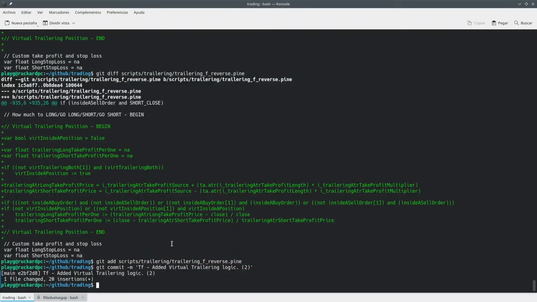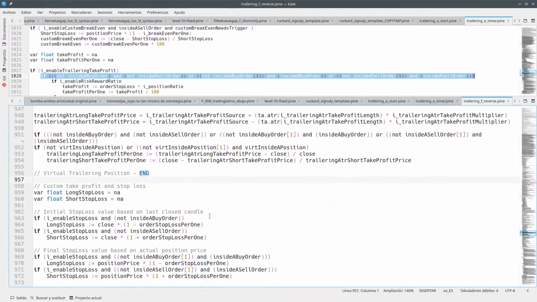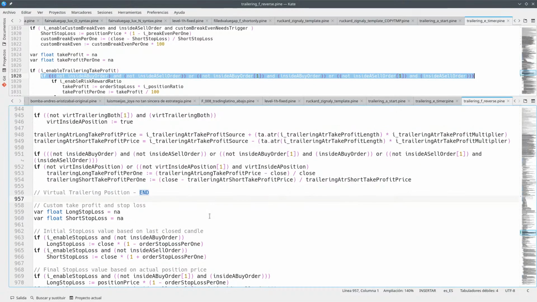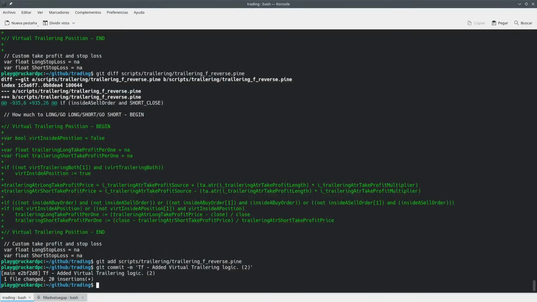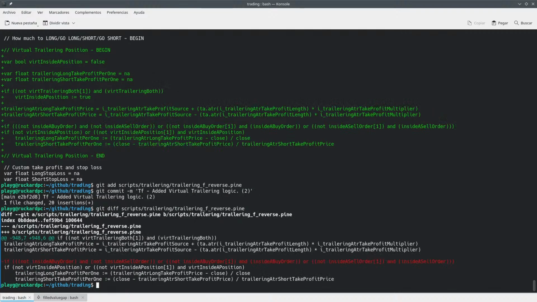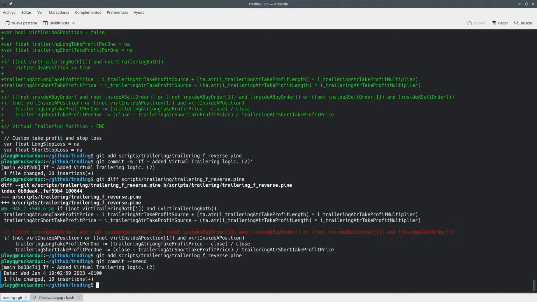Okay, so let me see what we have right now. Yeah, we don't want this line. Have we added this to the commit? Probably yes. Yeah. Let's fix the commit. Okay.